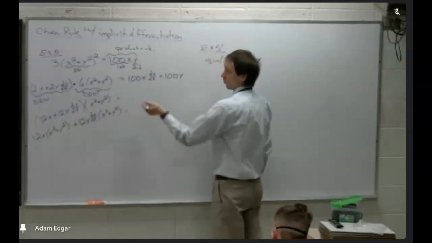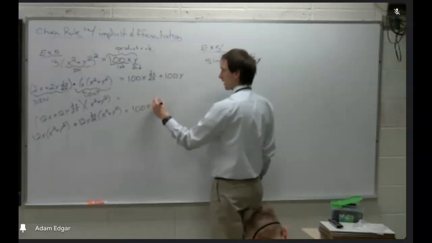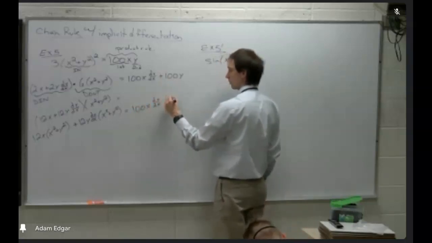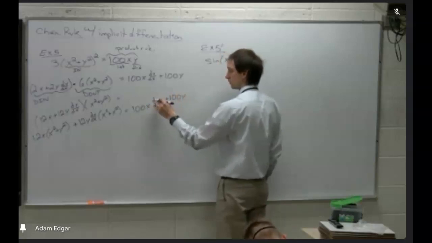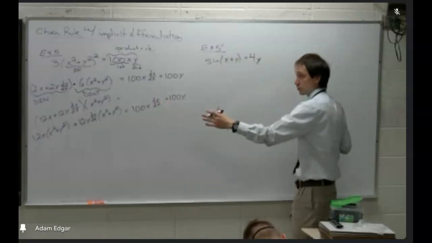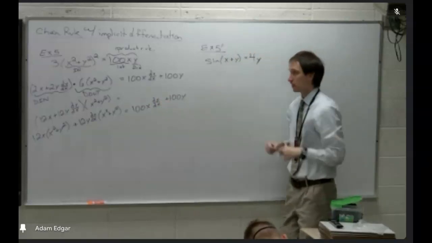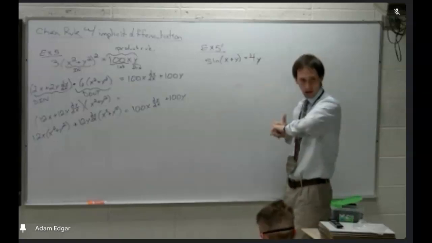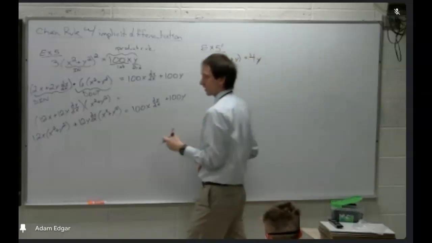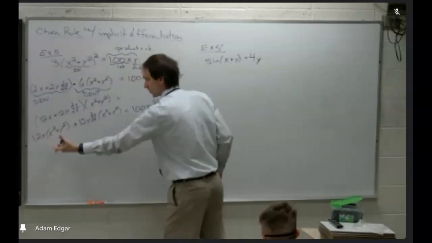Over here, just copy and paste. I have 100x dy/dx plus 100y. Now, at this point, you do your prisoner swap. So everybody with a dy/dx gets over to the left. Everybody without a dy/dx gets over to the right. And you can just pick up this entire 12x quantity x squared plus y squared term and move it over here.